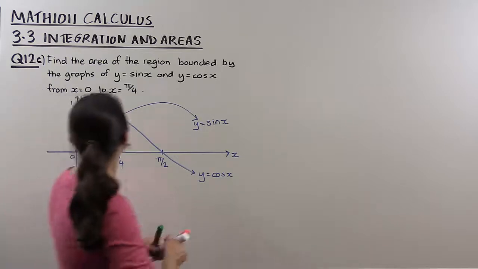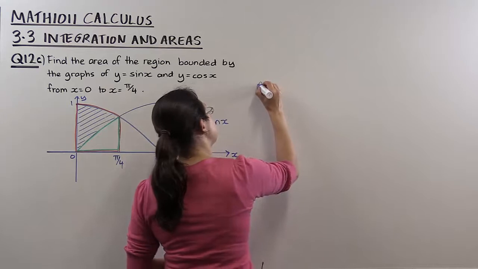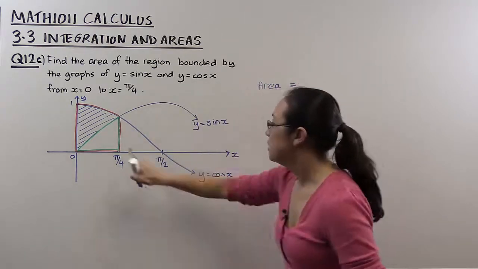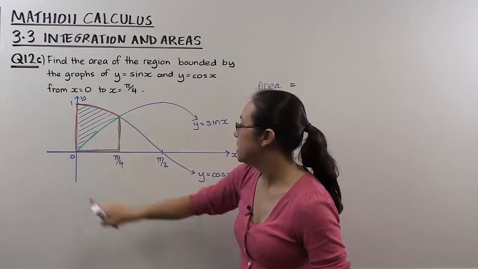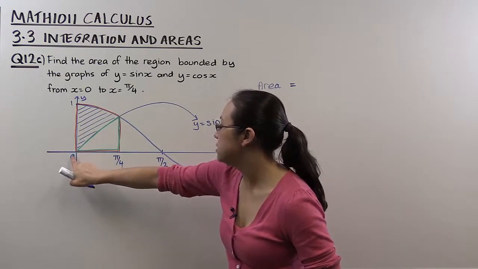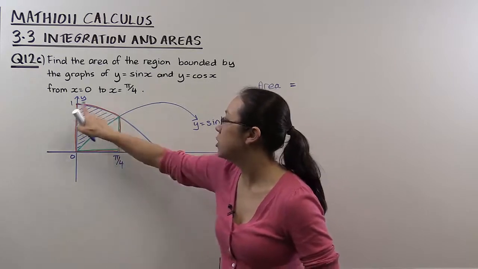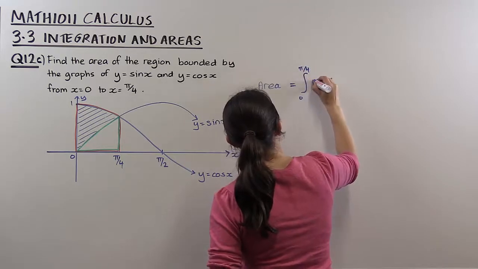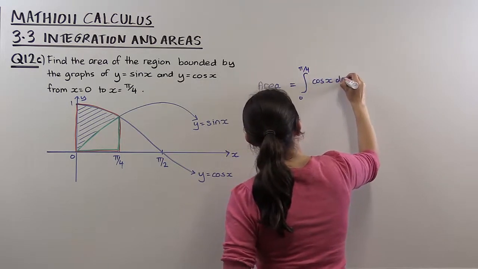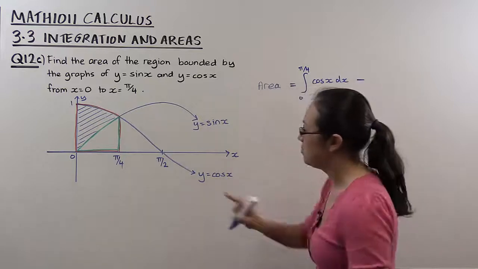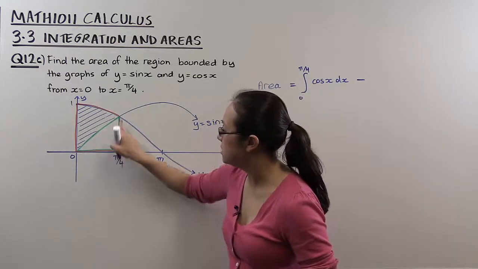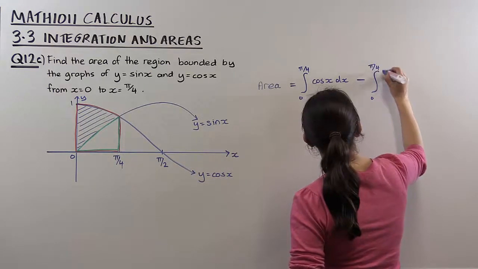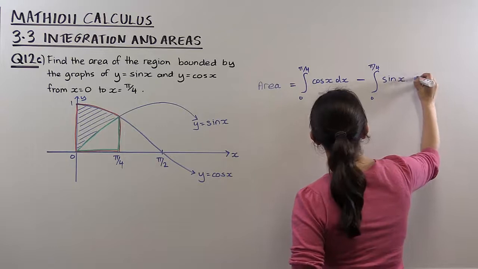Okay, so let's do this. The area is going to be, well, this orange section is the definite integral from 0 to pi on 4 of cos of x. And the green region here is the definite integral from 0 to pi on 4 of sine of x.